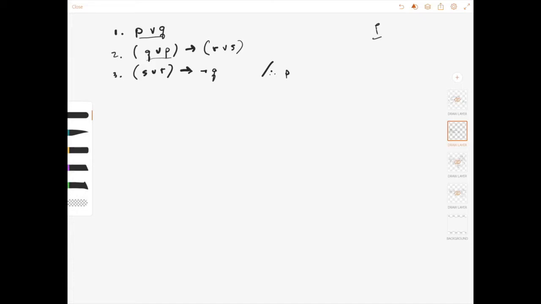If you review your list of equivalence rules, you'll see commutation is one of ours, and that basically just allows us to change the order of an expression when it's a disjunction or a conjunction, right? So these two expressions are logically equivalent, but so are the expressions R or S and S or R.